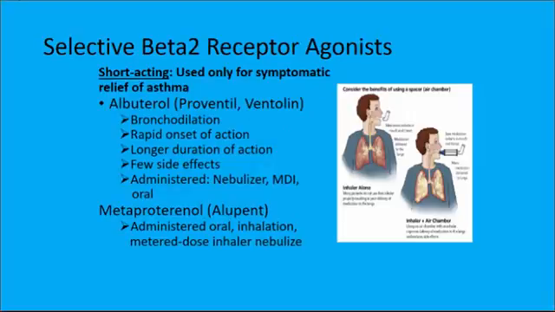You have a chart in your text, table 41.1, where it breaks down which ones are alpha and beta, which ones are beta only. You see the majority of them are beta adrenergics. These ones that are selective beta-2 are specifically to have the lung response. I mentioned in a previous lecture albuterol, because it's a selective beta-2 receptor agonist for the bronchodilation.